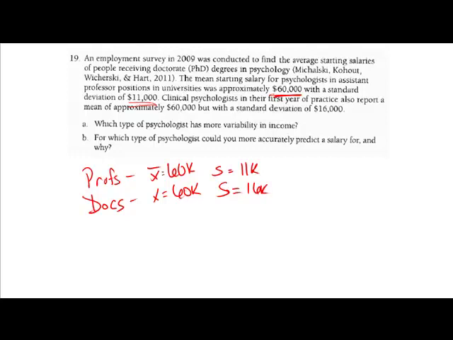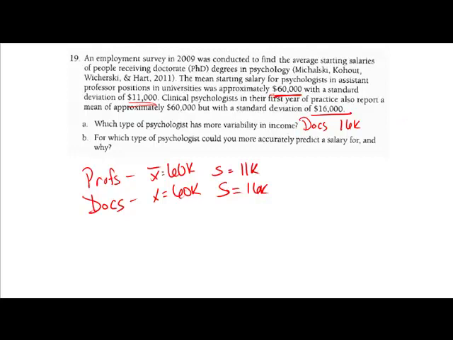A, which type of psychologist has more variability in income? Okay, we'll look at the two variabilities. Which one's bigger? The docs do, because they have 16K. That's their variability. It's bigger. For which type of psychologist could you more accurately predict a salary for, and why?